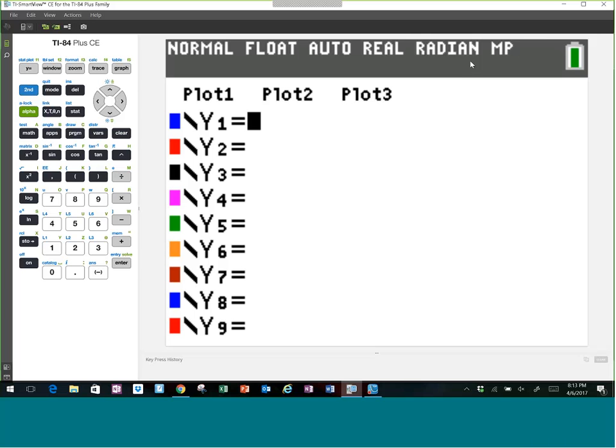Let me give you an example. I'm going to pose this as a task to Vicki to try on the 84 here, but this is something that could very well appear as a multiple choice question. So Vicki, the task I have for you is I'm interested in looking at the function sine of e to the x.